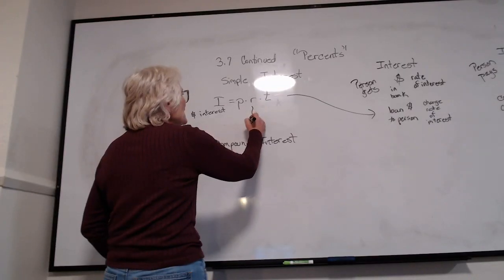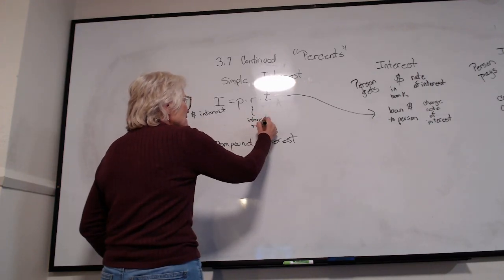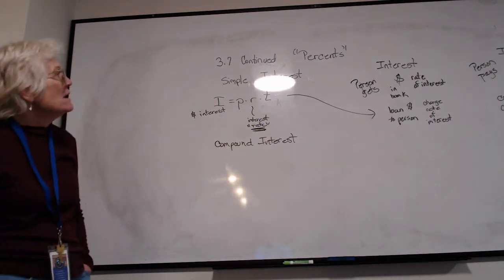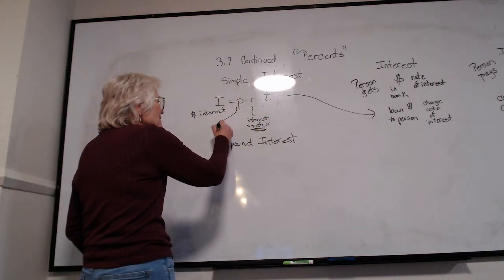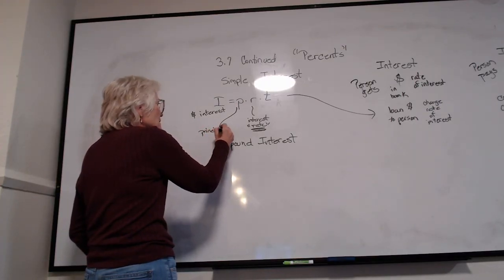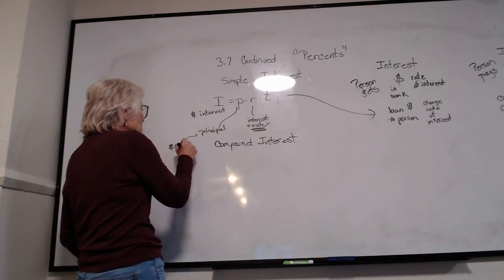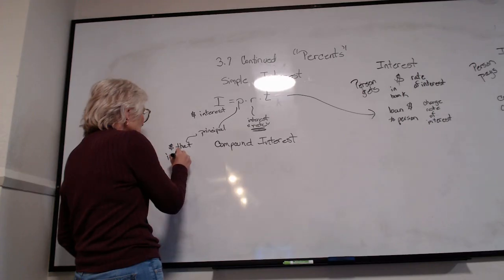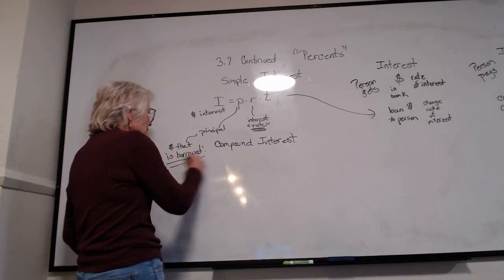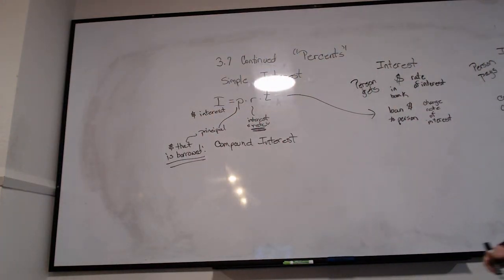This stands for the interest rate. This is the rate. Okay. The P stands for, is called the principal. But what that really is is the money that is borrowed. That's how much money was borrowed. Okay, that's what the P stands for.